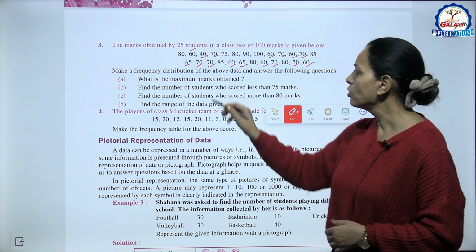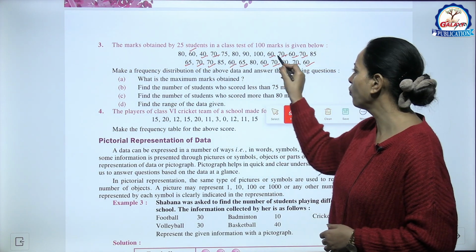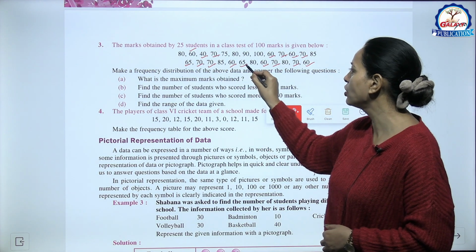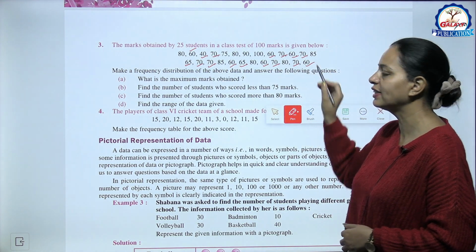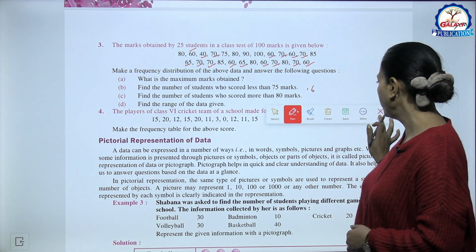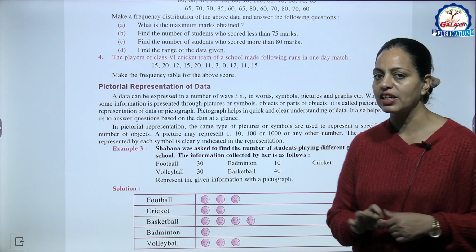So count it. So 1, 2, 3, 4, 5, 6, 7, 8, 9, 10, 11, 12, 13, 14, 15, 16. So like this. Okay, now you can try remaining parts. I hope this is clear to you.